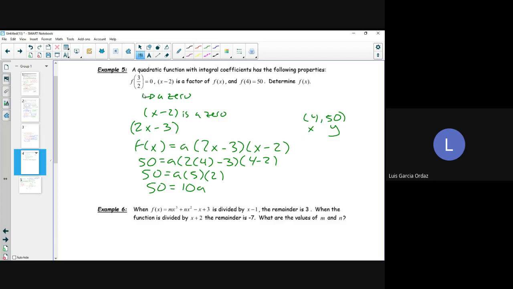So what do we do to isolate for a? I'm going to divide by 10, and we get a is equal to 5. Which means therefore f of x is equal to 5 times 2x minus 3 times x minus 2.